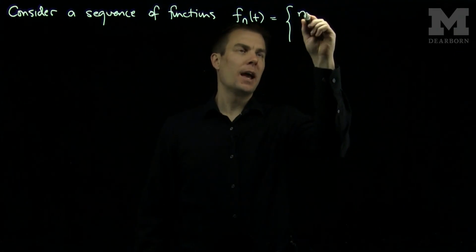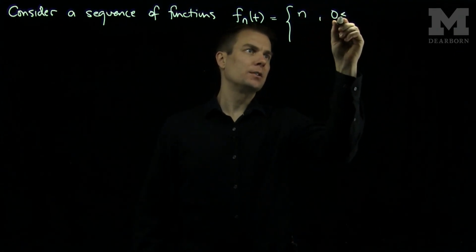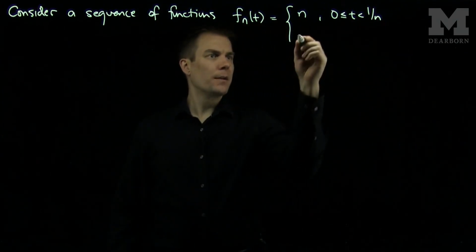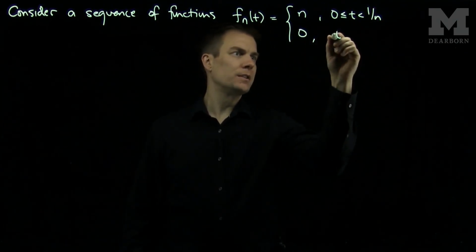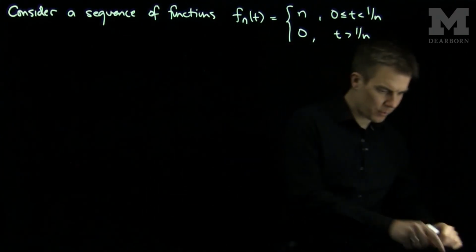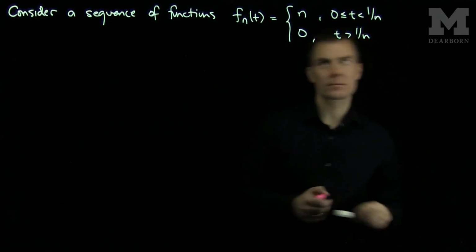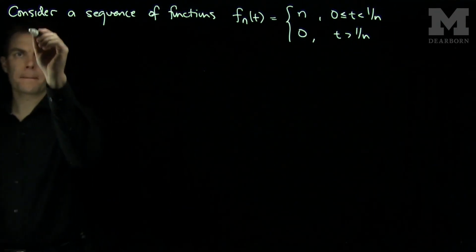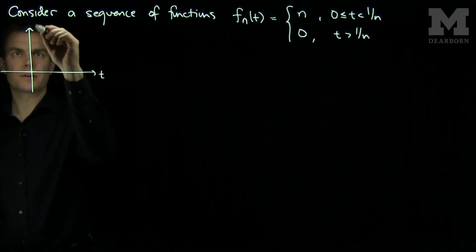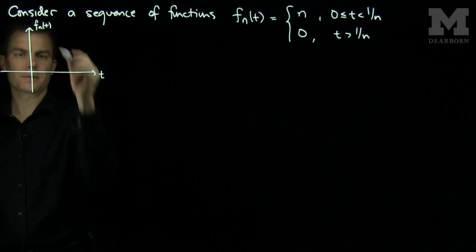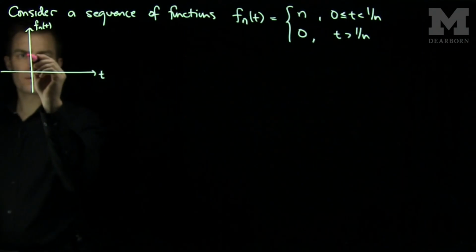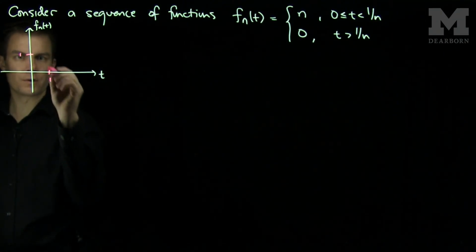It will be n if t is between 0 and 1 over n, and 0 if t is larger than 1 over n. So if we were to plot these functions, here's the t-axis, here's the fn of t-axis. We would see that the function f1 would be at a height 1 for 1 unit of time.